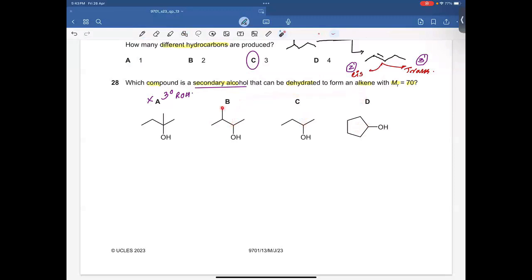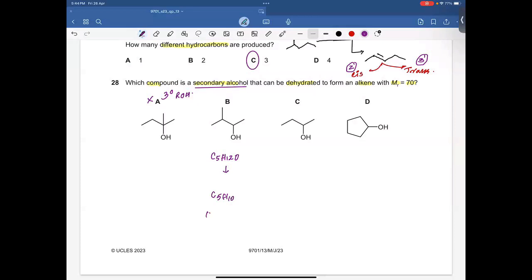So how many carbon atoms? 1, 2, 3, 4, 5 carbon atoms. Let's talk about the hydrogen atoms. 3 plus 3, 6, 6 plus 1, 7, 7 plus 1, 8, 9, 10, 11, 12. 12 hydrogen atoms and 1 oxygen. If I remove water, I mean 2 hydrogen and 1 oxygen, so I'll get C5H10.